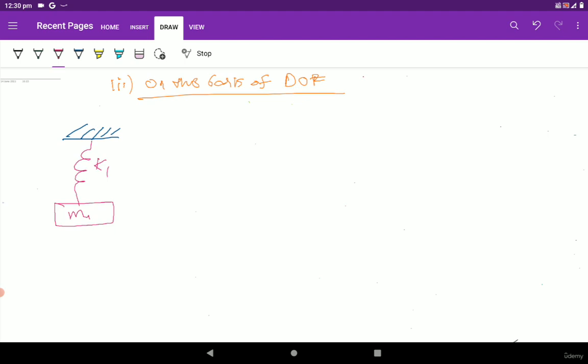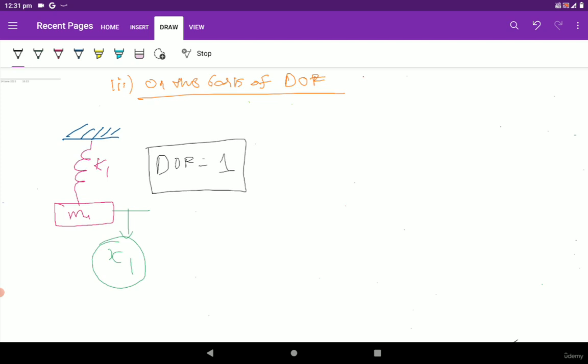So just displace this mass by x1 here. We know that the degree of freedom is the minimum number of independent displacements that are possible. So here only one displacement is possible for this system. So we can say that the degree of freedom for this system is equal to 1.